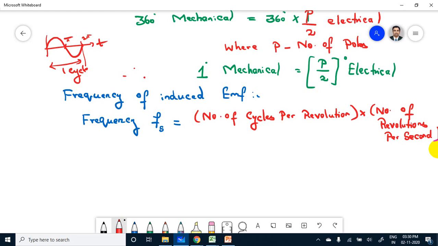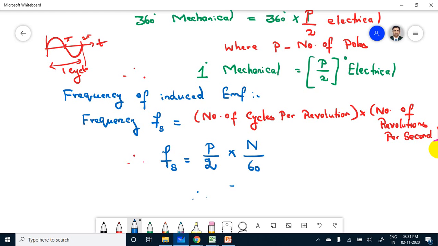Therefore Fs equals the number of cycles per revolution, P by 2, into speed, n by 60. 1 minute is 60 seconds, or 1 hour is 60 minutes, like that we have to calculate n by 60.